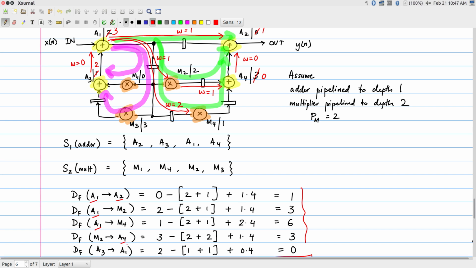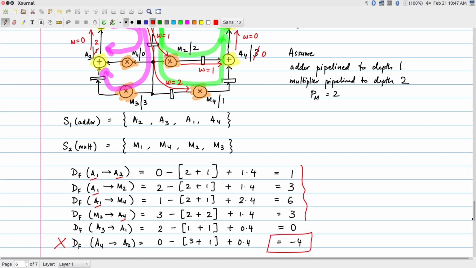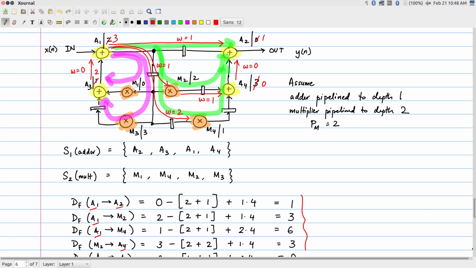Okay. So once I have this updated value anyway, what would happen is, with this, what I would get on DF from A4 to A2 would be 1 minus 0 plus 1 plus 0. So DF would be equal to 0. Okay.